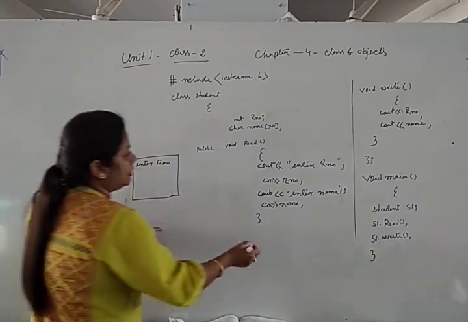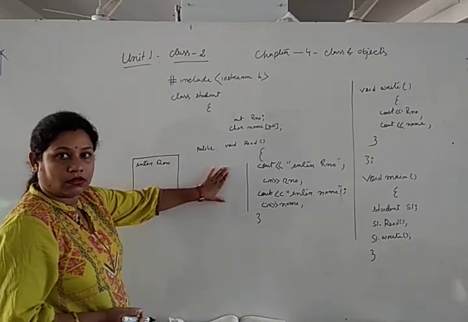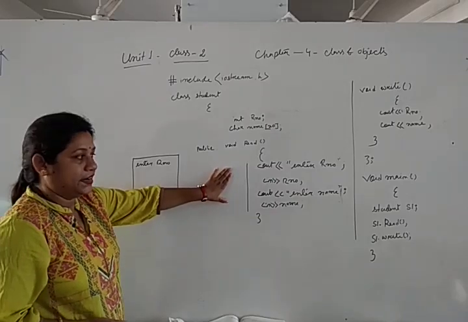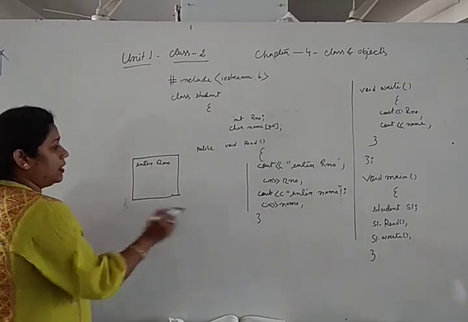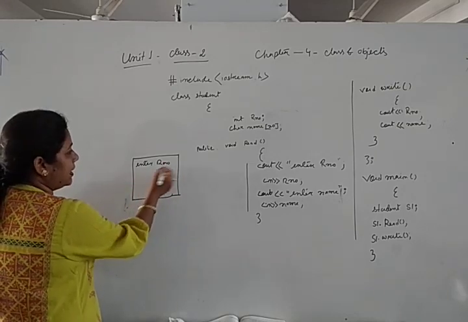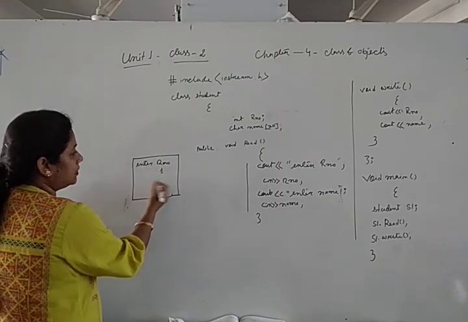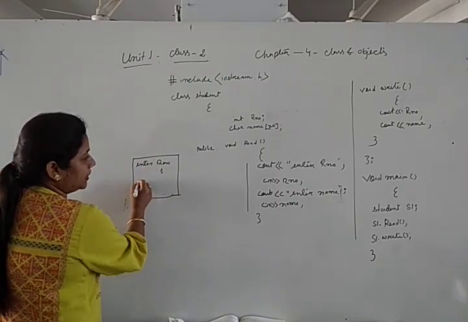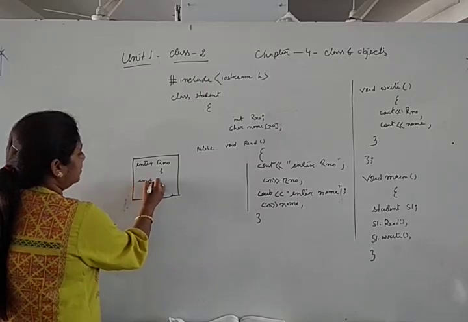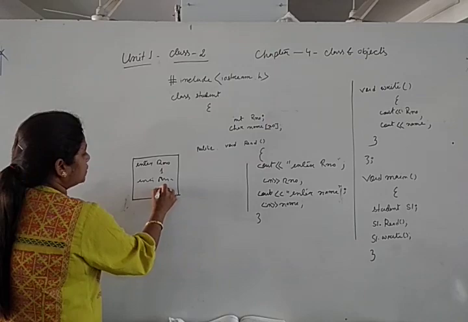That means the computer will execute this part first. After getting this message you will enter the roll number, suppose 1. Again the computer gives you a message to enter the name, and you enter the name, suppose xyz.